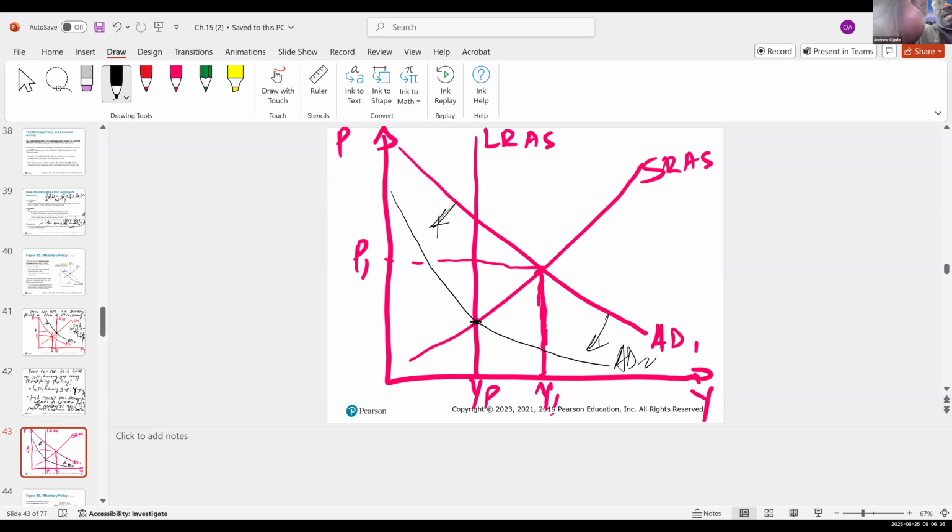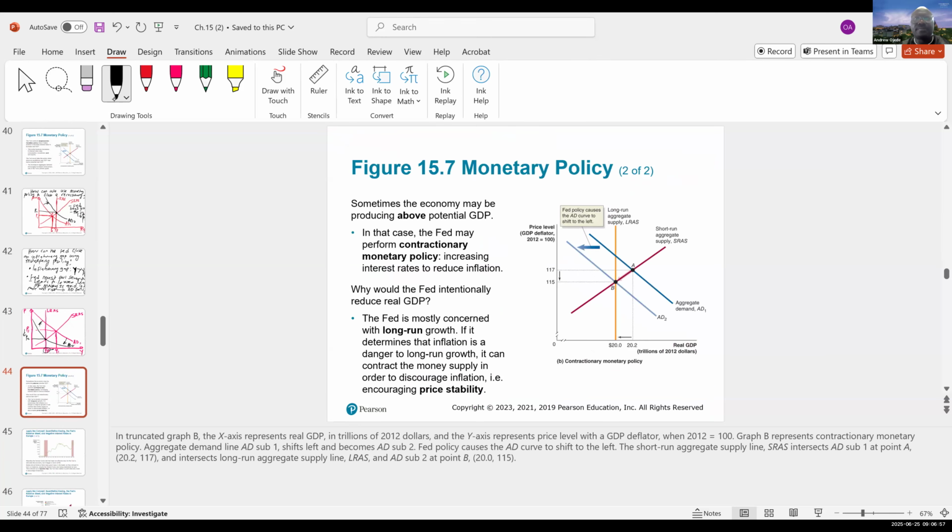See, at this point, the black line intersects the other two lines. All the three curves intersect. So in the long run, price is going to fall even further. But the economy is back to full employment. That's how the Fed closes that inflationary gap. They're going to sell bonds, which leads to higher interest rates and lower money supply.